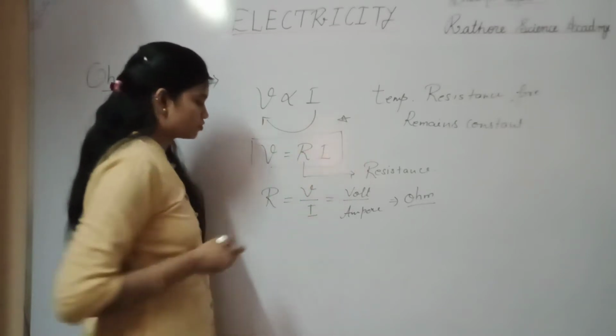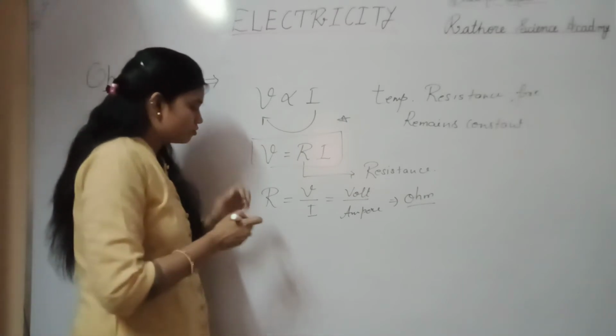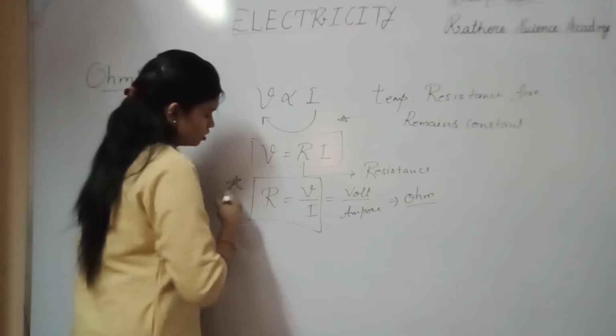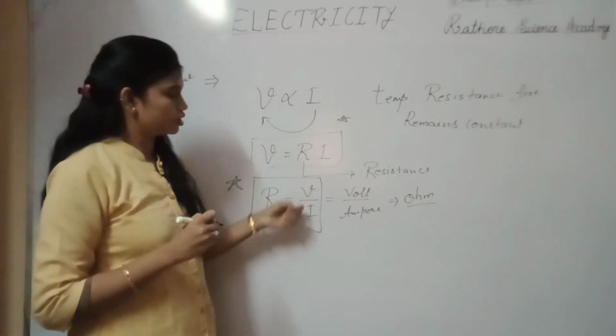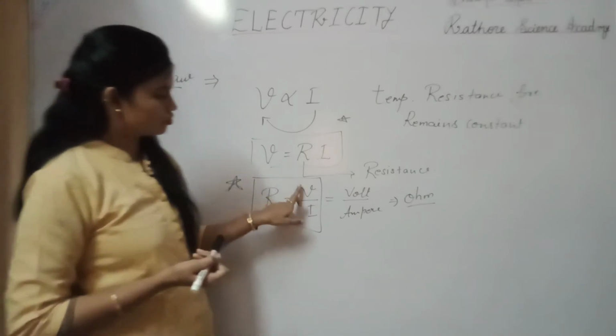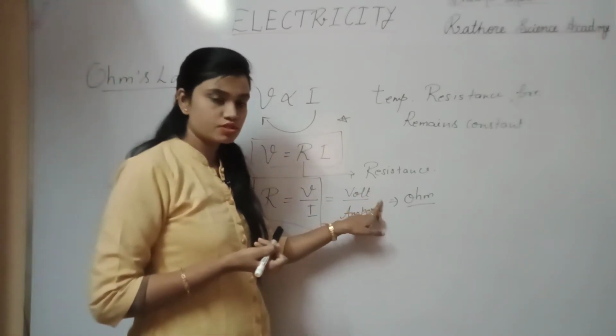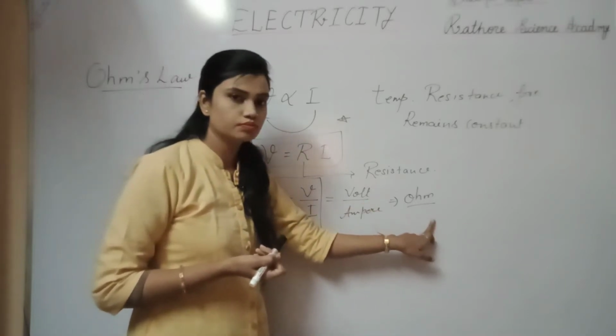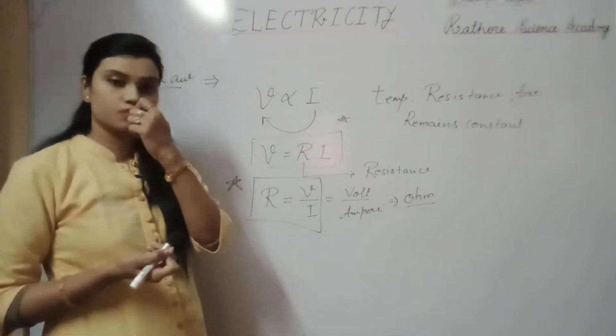You have to remember this formula. And another formula, when you have to find resistance, R is equal to V upon I. The unit of potential difference is volt, the unit of current is ampere, so volt upon ampere is ohm. So the unit of resistance is ohm.